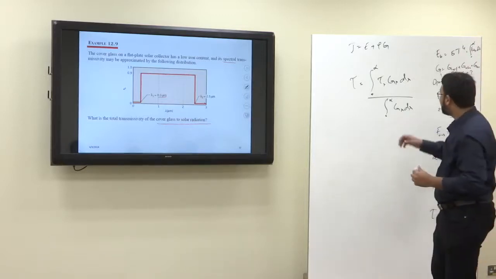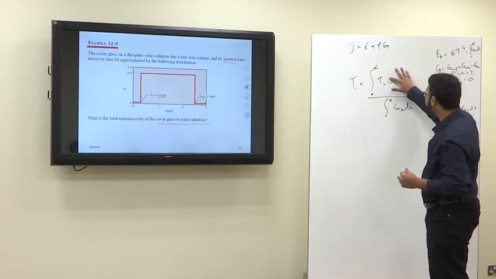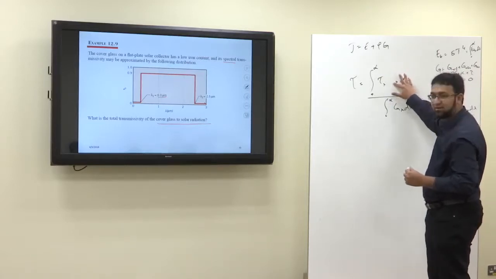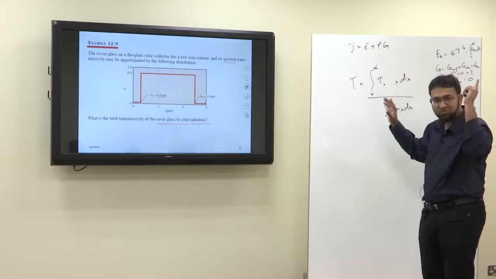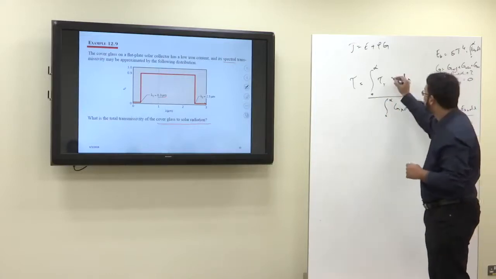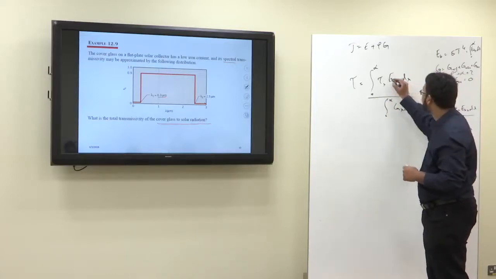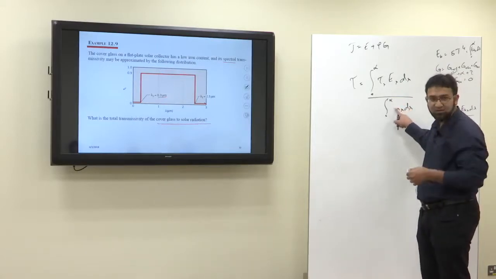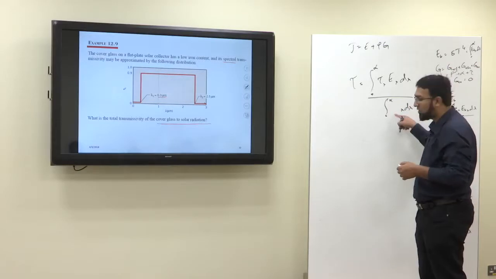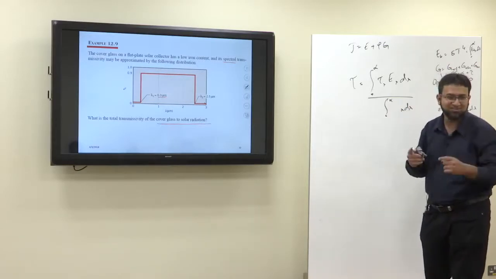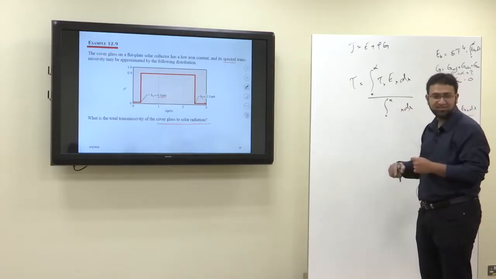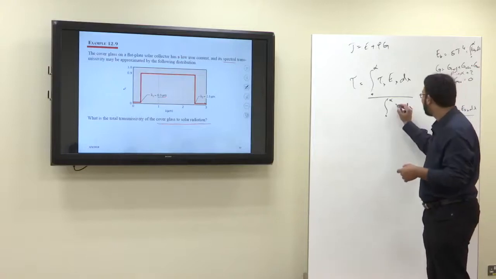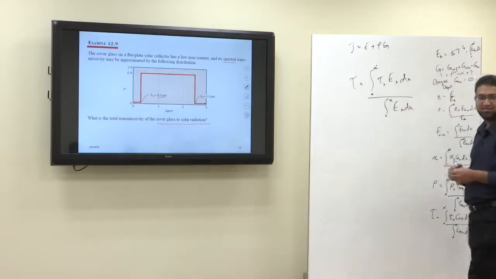So instead of G, I will put here E, emission, but that emission is from the sun. And assume the sun is a black body, because a black body is a perfect emitter. It emits everything.